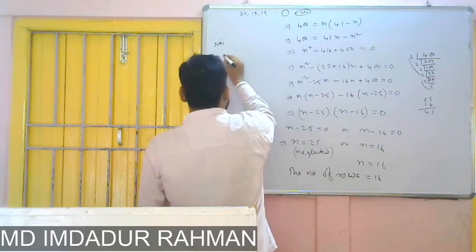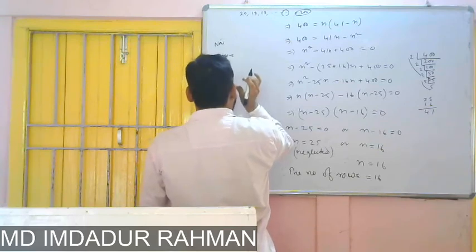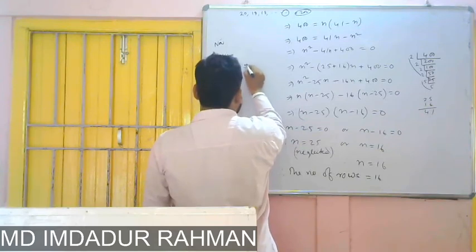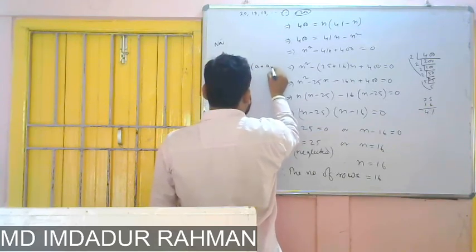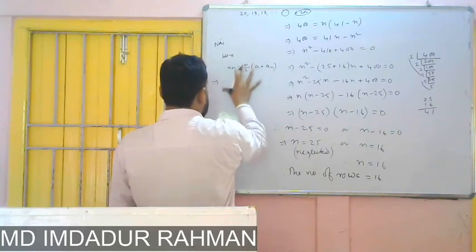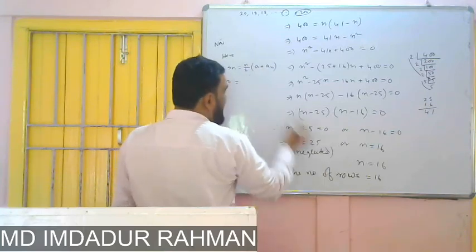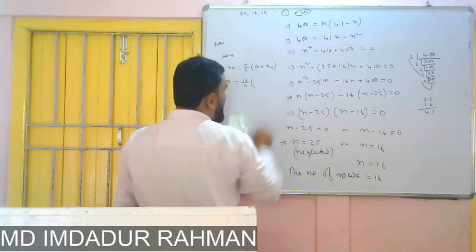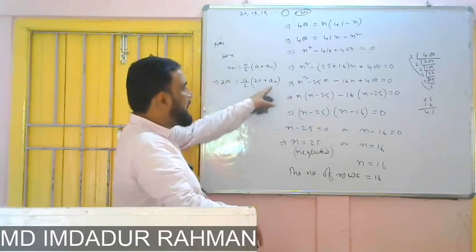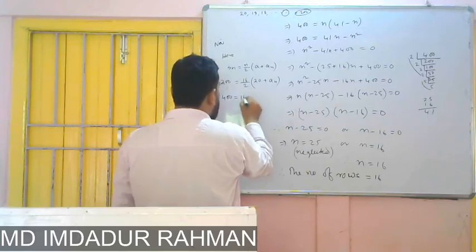So here Sn is equal to n by 2 into a plus an. We have to find out an. Sn is equal to 200. What is the value of n? n is 16 by 2. What is the value of a? a is 20 plus an. Now you are finding an.